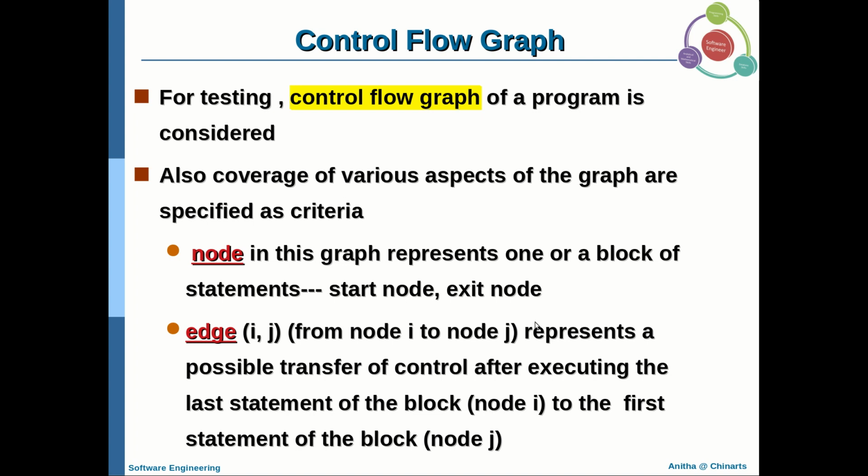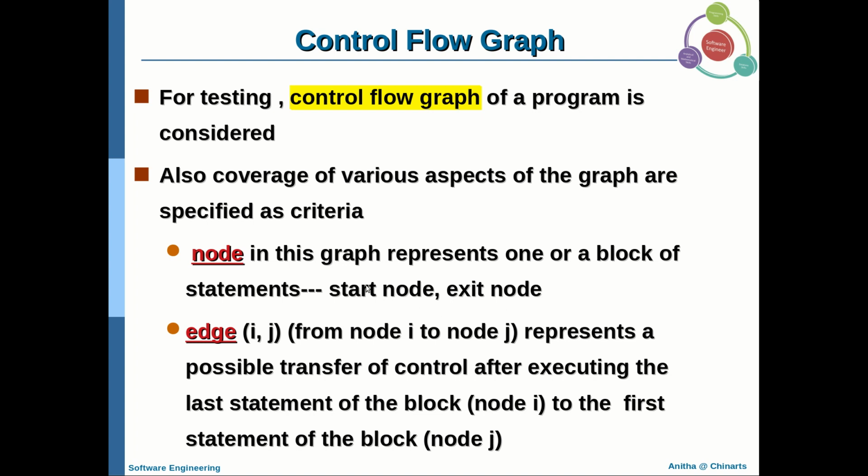We will be discussing it, and we have also seen what is a node and what is an edge in a control flow graph. A node in the graph represents one statement, or it may represent a block of statements, and you will have a start node and an exit node.